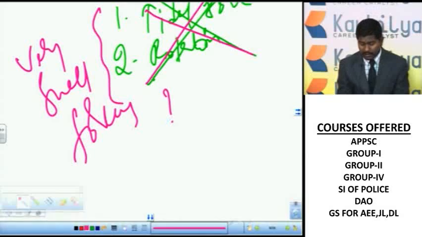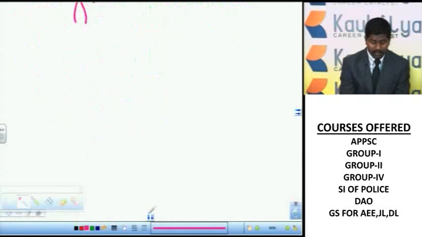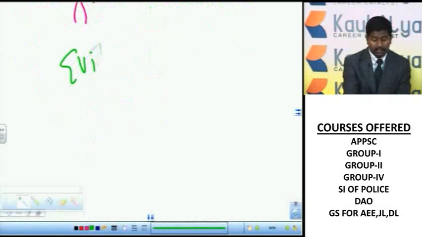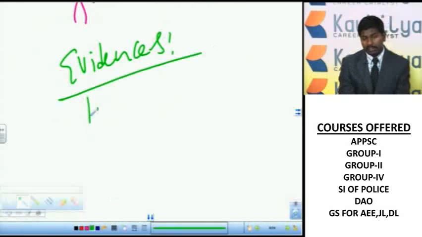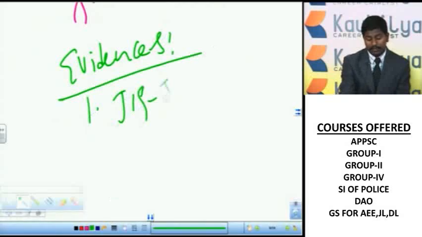And here Wegener also gave some excellent evidences in support of his theory. The evidences, according to him, were, number one, the jigsaw fit of the continents.